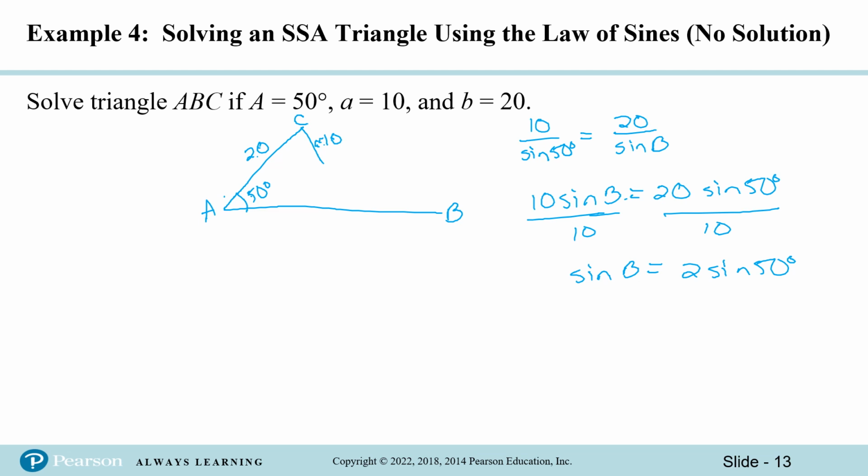So there's a couple different ways you can do this. You can find 2 times the sine of 50 degrees. If you do 2 times the sine of 50 degrees, you end up with, I don't remember, and I didn't write it down. This is going to be a number bigger than 1. Bigger than 1.